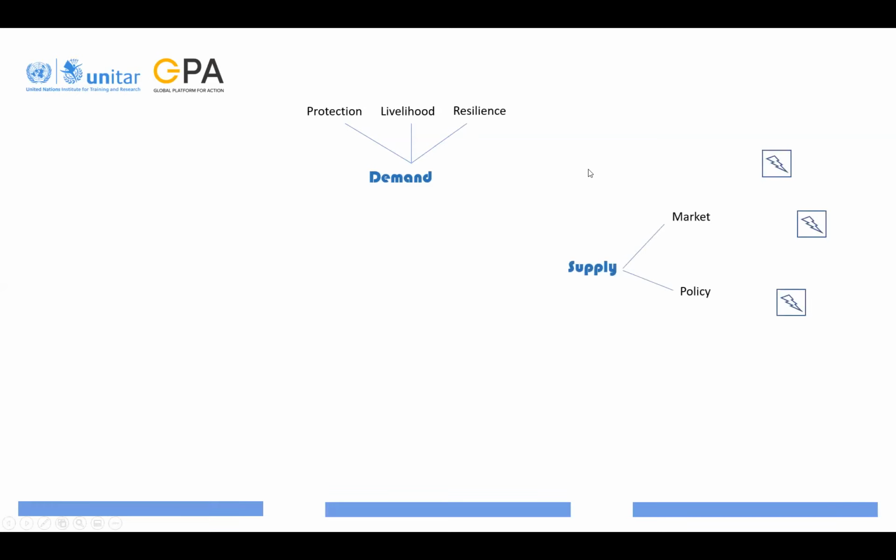Each one of the presentations will start by presenting the demand. What we understand by demand is what are the needs in terms of protection, livelihood, and resilience. What are the issues or the problems that we are trying to solve or address with this electricity provision. And then we will also discuss the supply side of the environment.